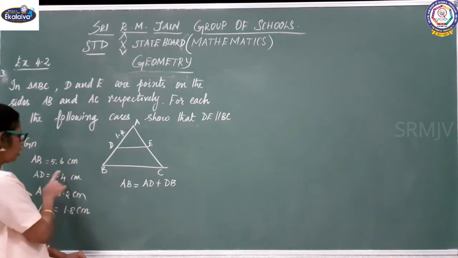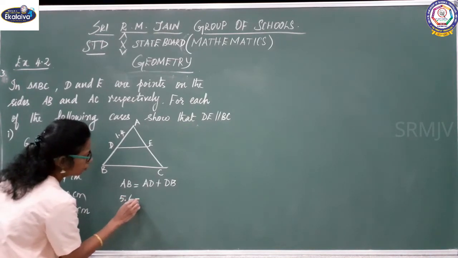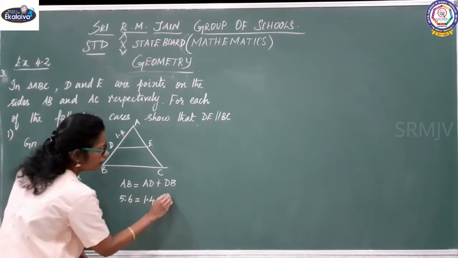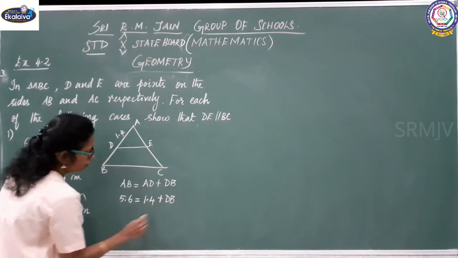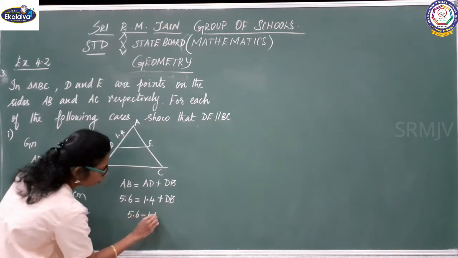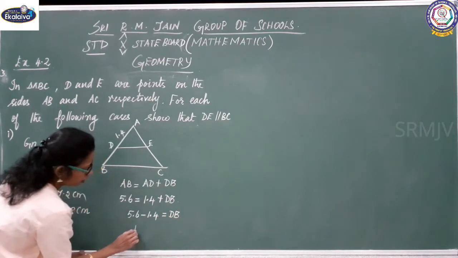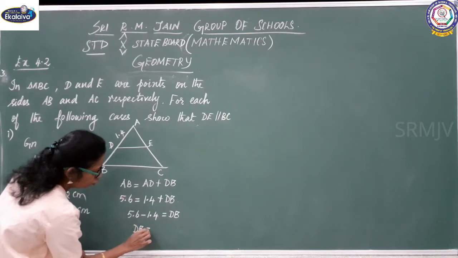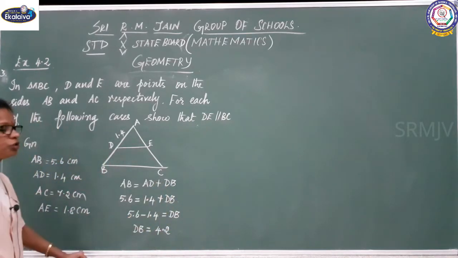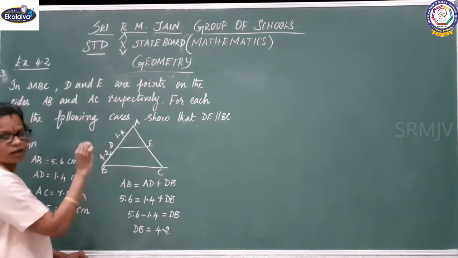What is AB? 5.6. 5.6 equal to, what is our AD? 1.4 plus DB, right? 5.6 minus 1.4 equal to DB. Then DB equal to 4.2. DB equal to 4.2. It is another way, right?